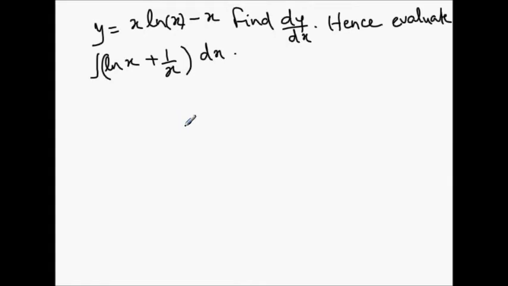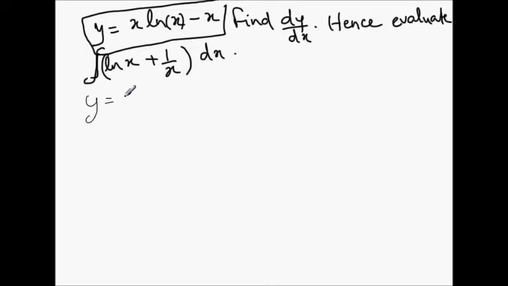Now this is a question here, y equal to x ln x minus x. This is the equation given, and you are supposed to find dy dx. Hence you are supposed to evaluate the integral of ln x plus 1 over x. Okay, so function is y equal to x ln x minus x, and derivative would be, here it's product rule.